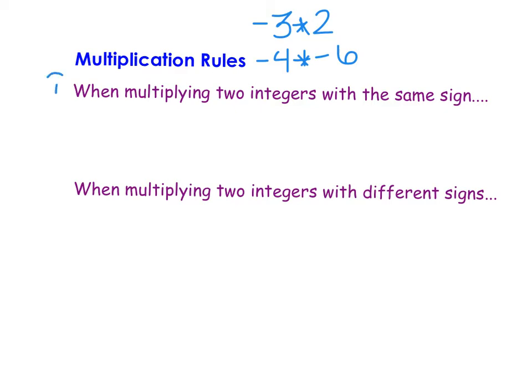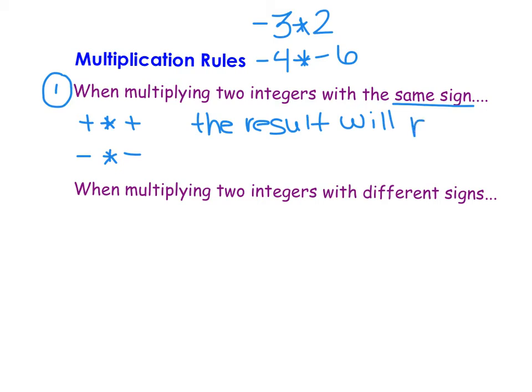The first rule, which you should be recording in your notes, says when multiplying 2 integers with the same sign, and same sign means they are identical, so something like a positive times a positive, or a negative times a negative, the result will be positive.